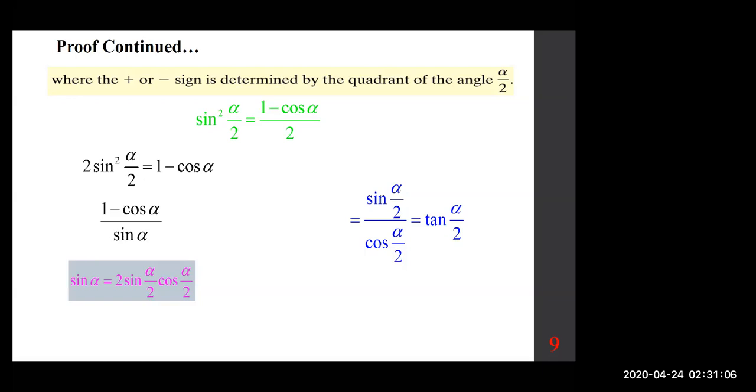We can multiply both sides by 2, which gives you this equation.